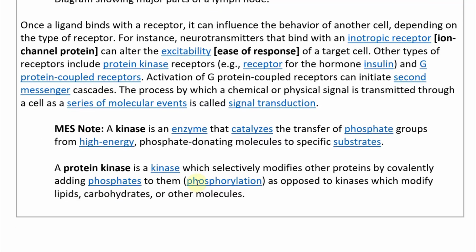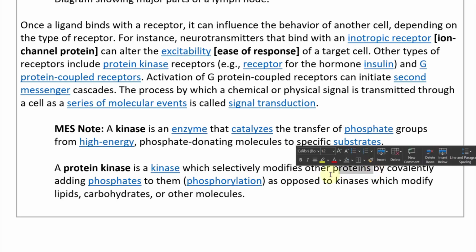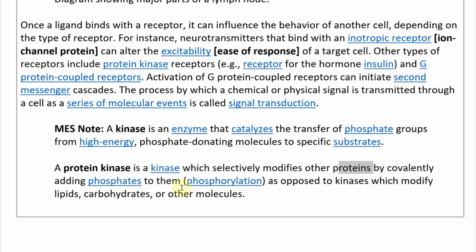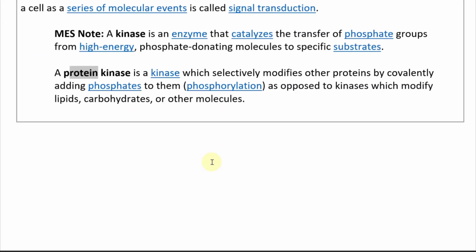A protein kinase is a kinase which selectively modifies other proteins by covalently adding phosphates to them, aka phosphorylation, as opposed to kinases which modify lipids, carbohydrates, or other molecules. So a kinase is just an enzyme that catalyzes the transfer of phosphate groups from high-energy phosphate-donating molecules to specific substrates, and a protein kinase does this to a protein as opposed to lipids, carbs, or other molecules.